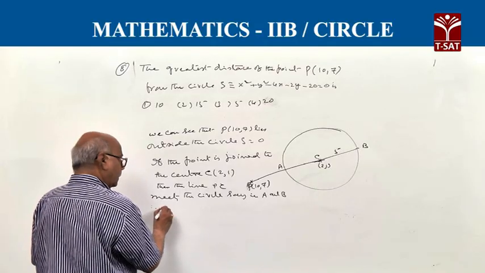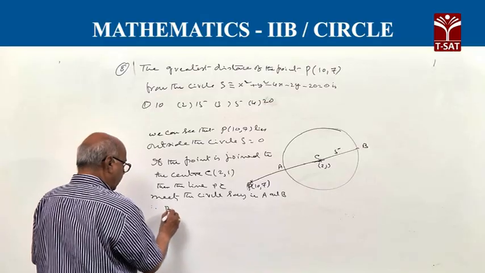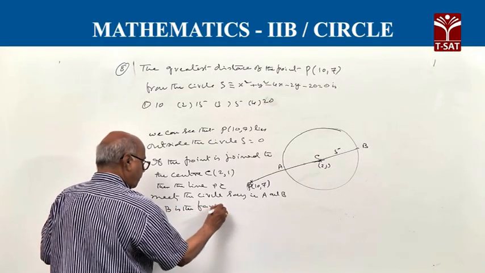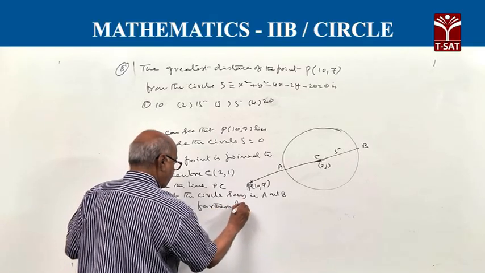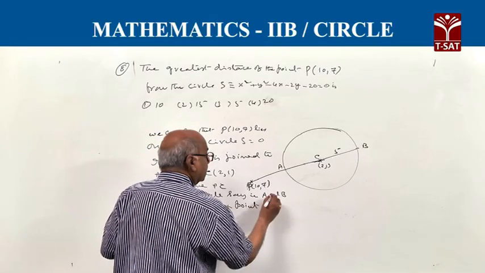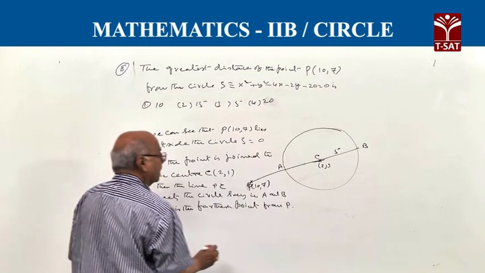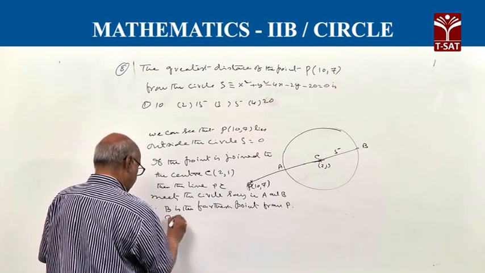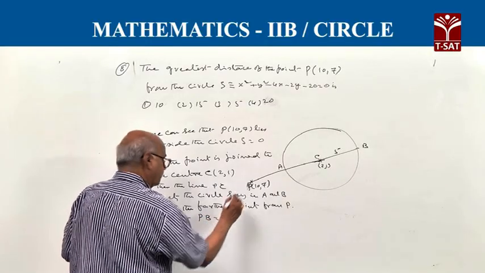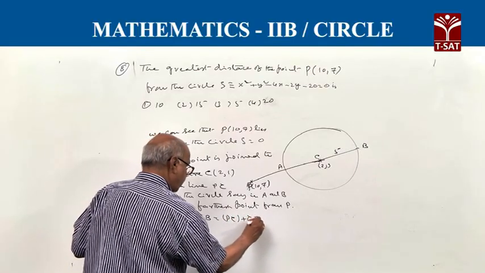So therefore, see the diagram, B is the farthest point from P. So PB is equal to PC plus CB.